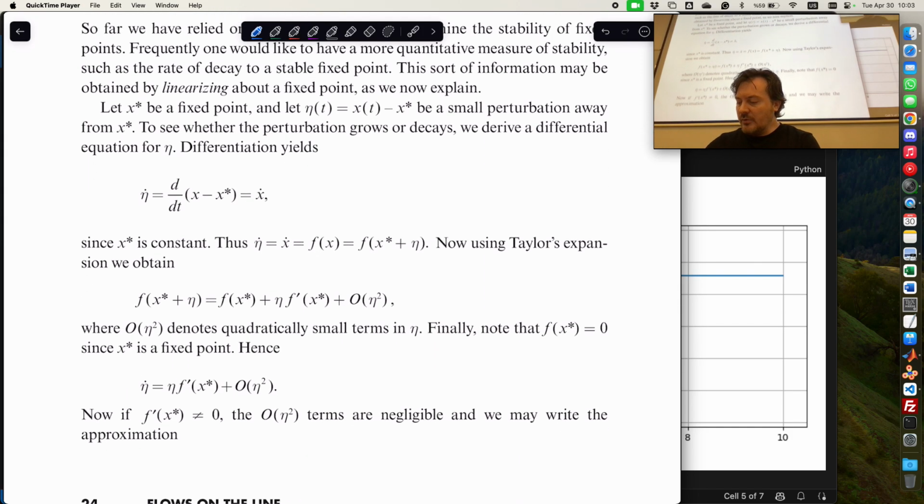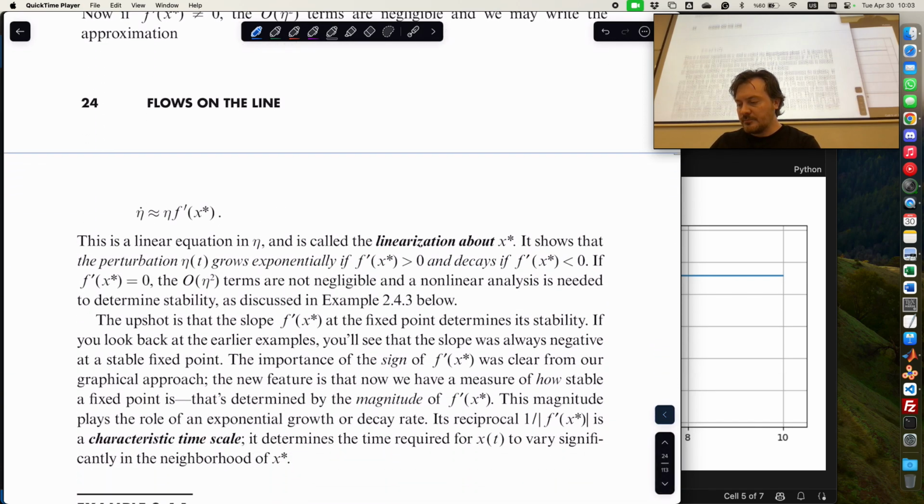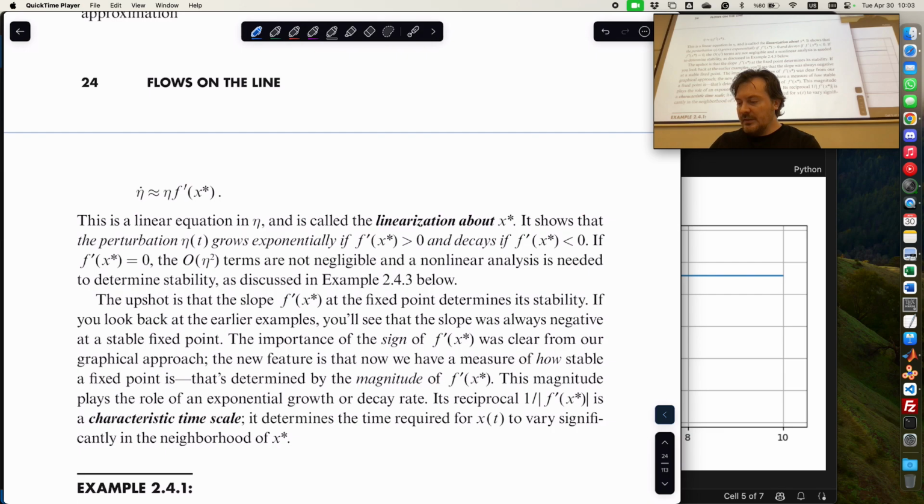When we have a flow, you can see that we are approaching it in a similar fashion. And this time for flows, the linearization tells you that if f prime is greater than 0, then it grows exponentially. If it's less than 0, then it decays.